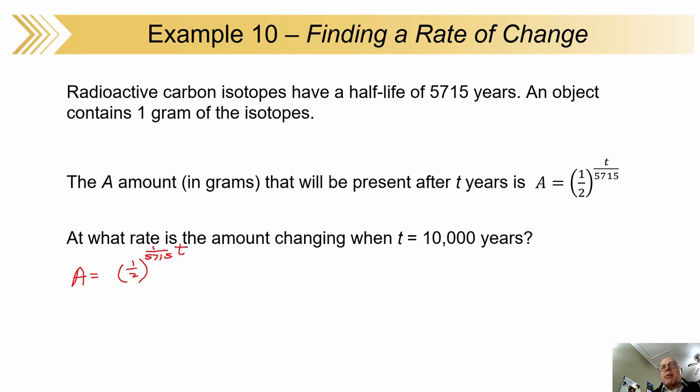And you probably know why I'm doing that. Because I'm going to take the derivative, because we're talking about what is the rate of change. So dA/dt equals. Now what do I get?